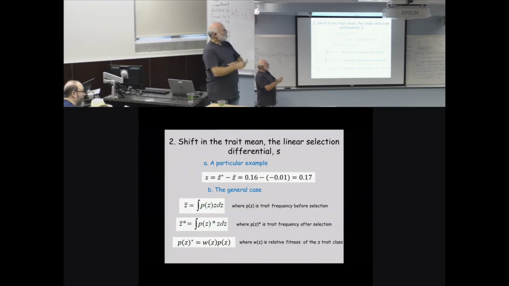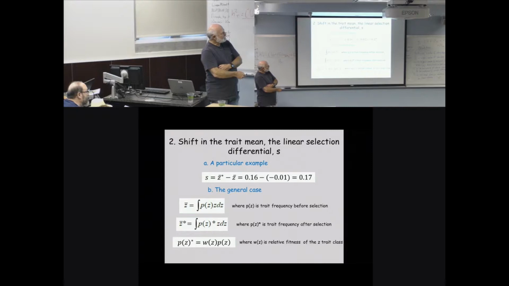Okay. So it's not surprising then that the mean after selection uses the frequency of each phenotypic class after selection as a weight for each phenotypic class. It's the same formula, but we've got a different distribution. The distribution has changed, and we need that new weight.